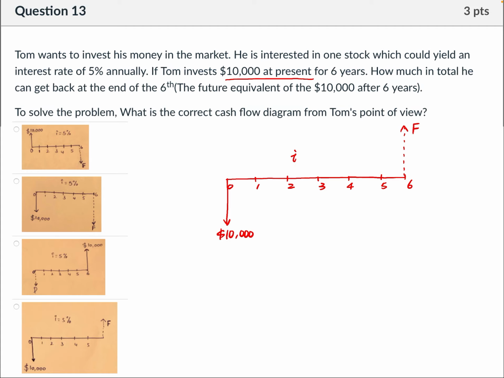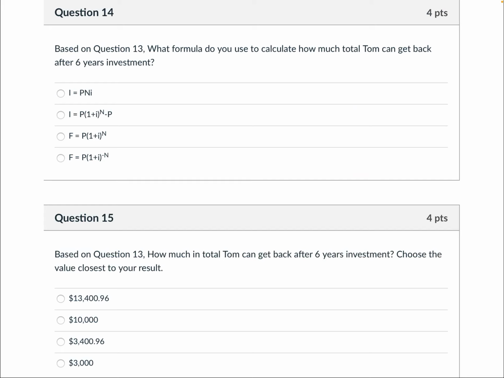And the I is 5%. So based on this, what is the correct answer? It's going to be this one. And based on the question, what formula do you use to calculate how much total Tom can get back? Because the total Tom can get back is actually the total payback. It's not just the interest, it's interest plus the principal.